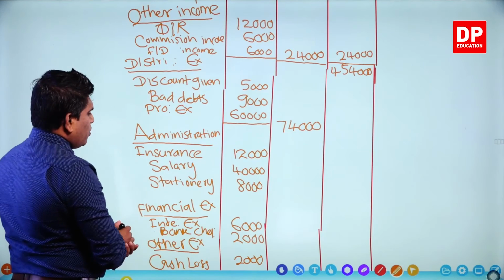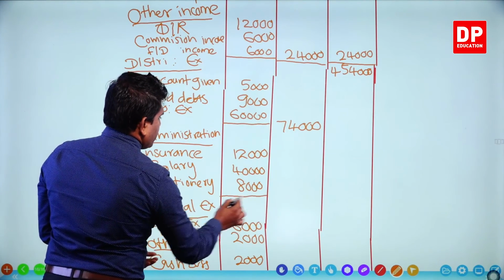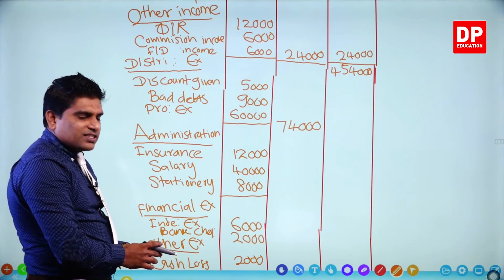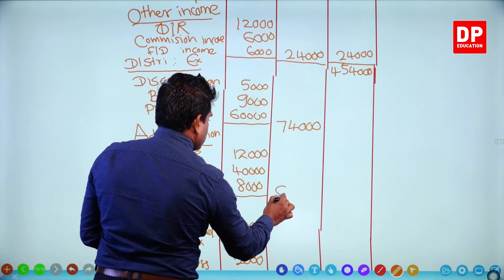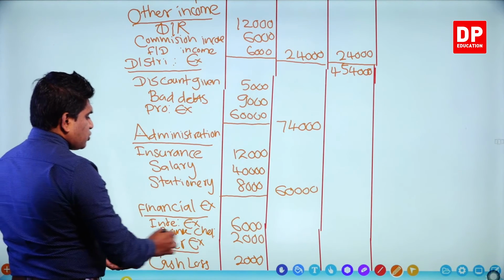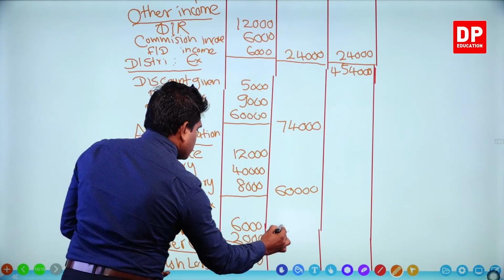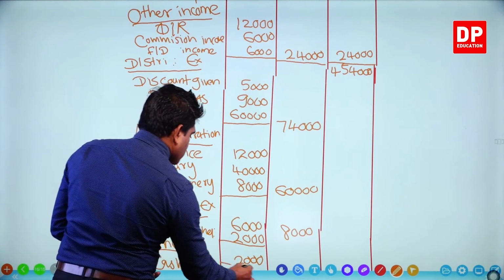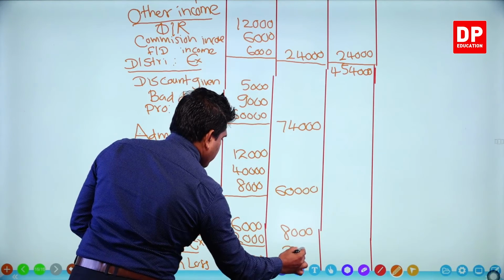Right? Now 12 plus 8, 20,000 plus 40,000, how much? 60,000. Then 6 plus 2,000, 8,000. Then finally only 2,000 is 2,000, right?